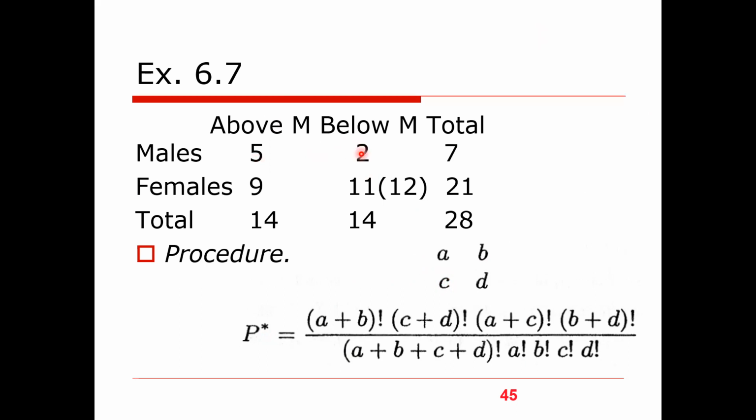And also, given there are A plus C observations, different values above M in 2 groups, then how many of them are from sample 1, and how many of them are from sample 2? So this is the equation to calculate the probability to have these 4 values in the 4 cells.